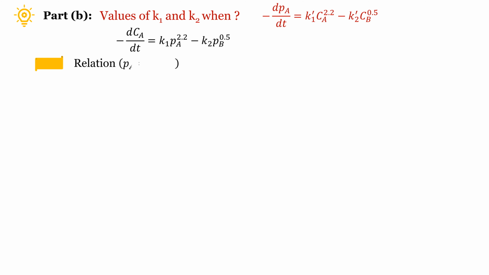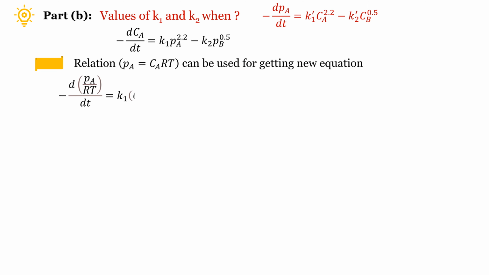We will use PV equal to nRT, and further it can be written as PA equal to CART. Here CA is the concentration, and we need this in terms of PA. So we can replace this CA so that we get PA, and we need to replace this PA with CA and this PB with CB.